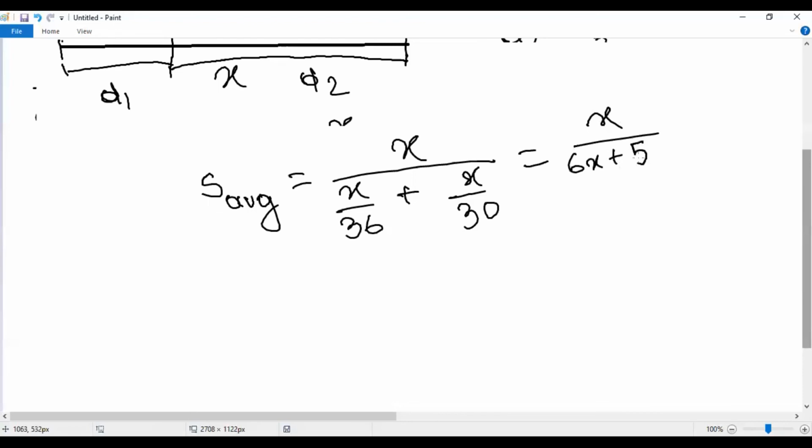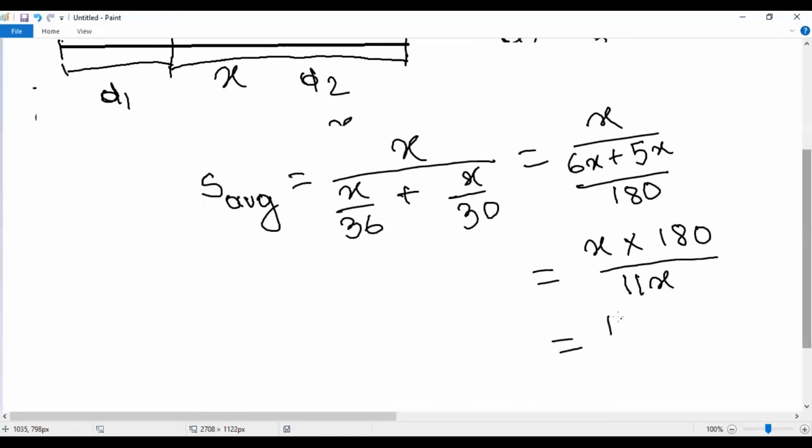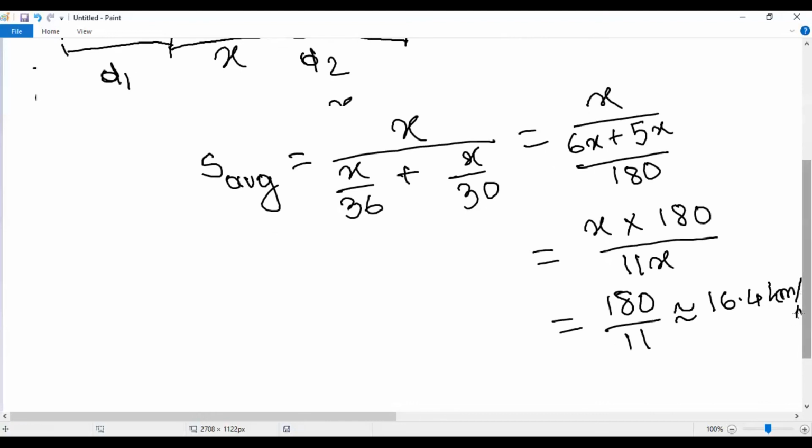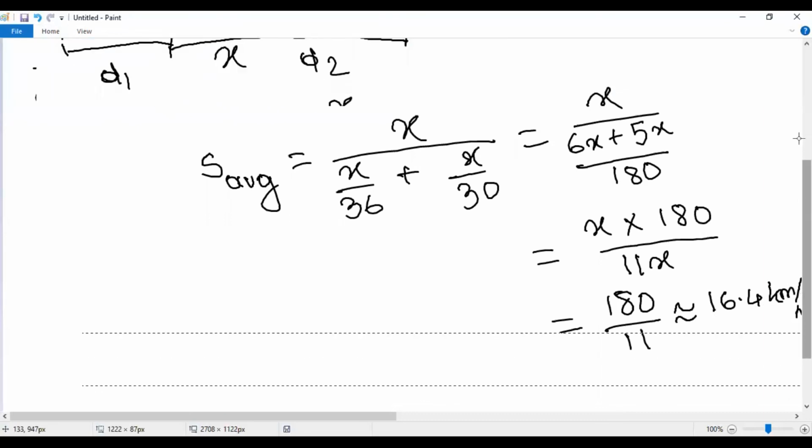This will be 11x by 180, and this will be x into 180 divided by 11x. So the answer will be 180 by 11, which is approximately 16.4 kilometer per hour. So this will be the answer, 16.4 kilometer per hour.